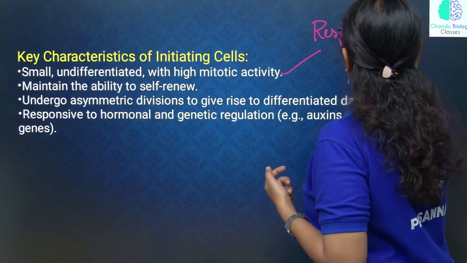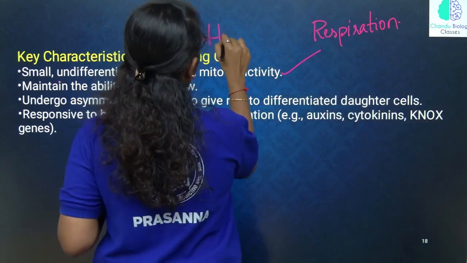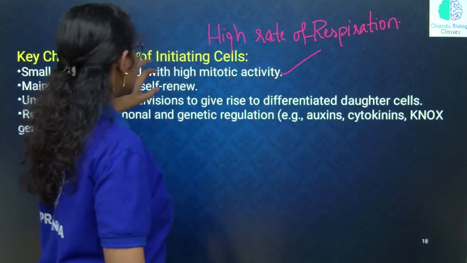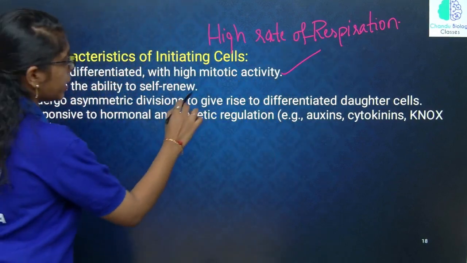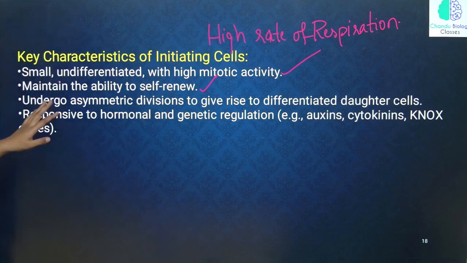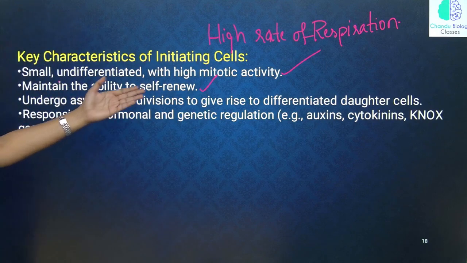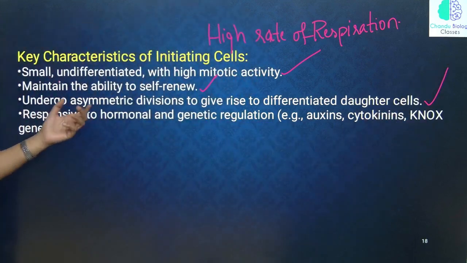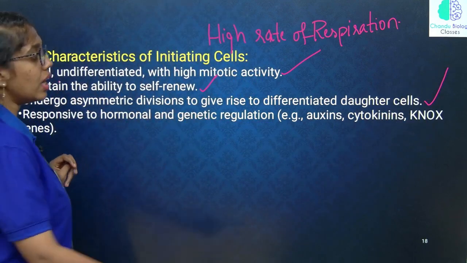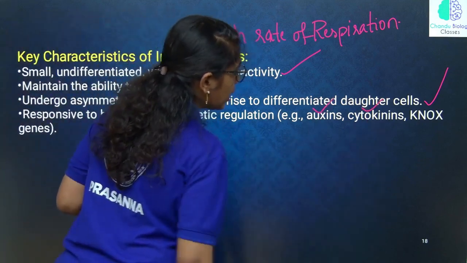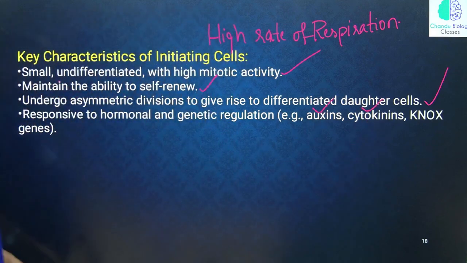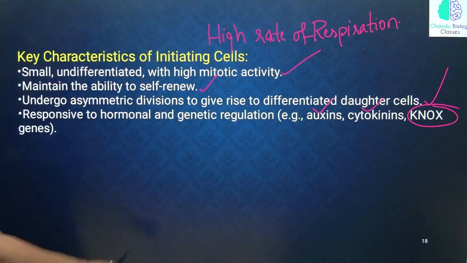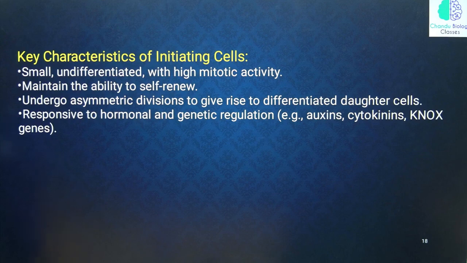They maintain the ability to self-renew, undergo asymmetric divisions to give rise to differentiated daughter cells, and are responsive to hormonal and genetic regulation, which includes auxin, cytokinin and KNOX genes. About KNOX genes we will discuss clearly in the signaling pathway session, so don't miss that.